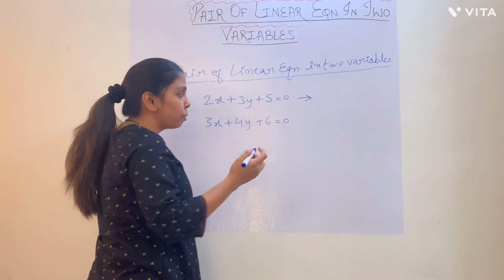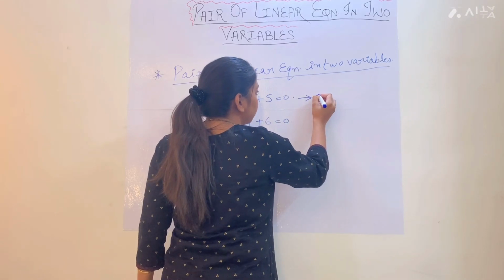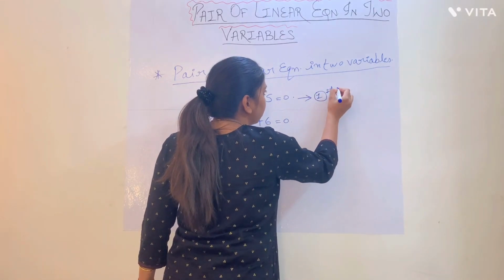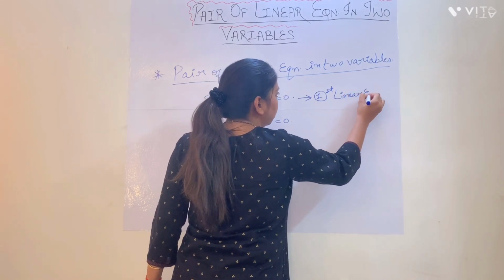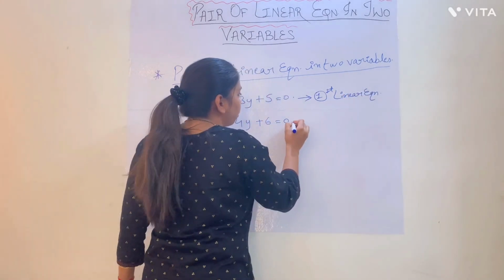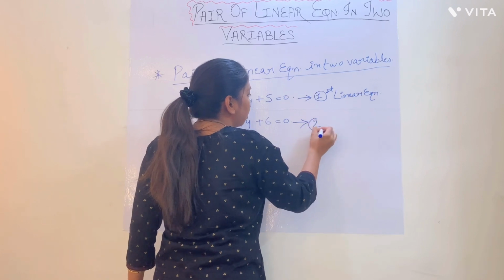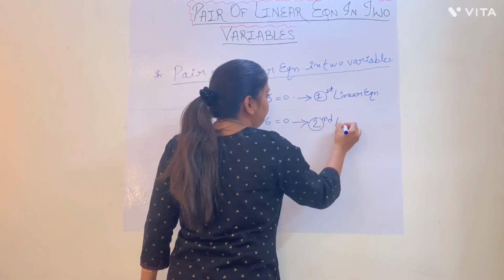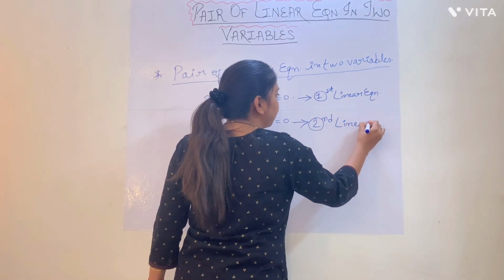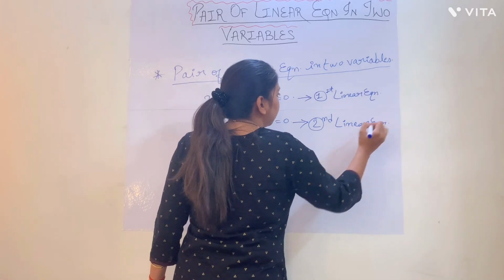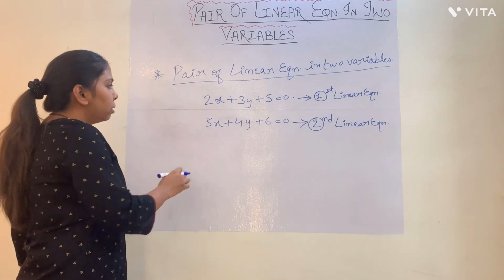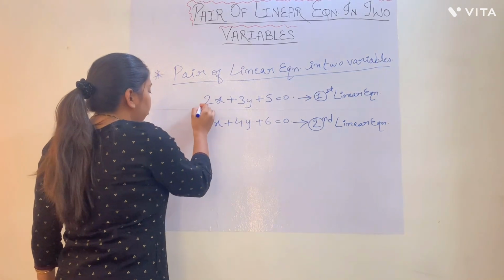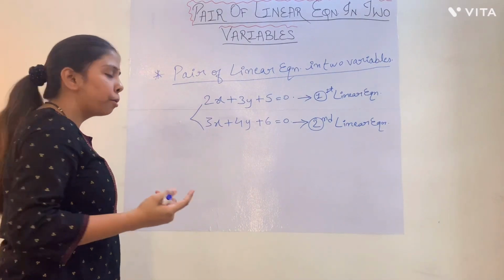This is the first linear equation and this one is the second linear equation. So both together are a pair of linear equations in two variables.